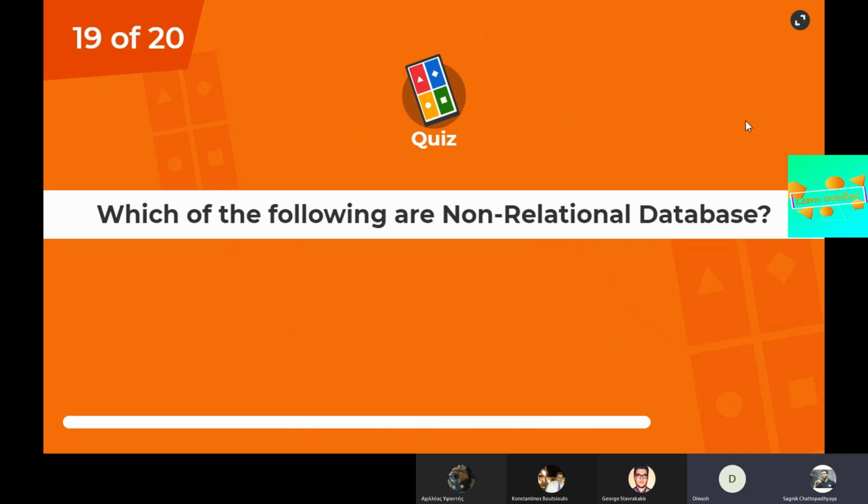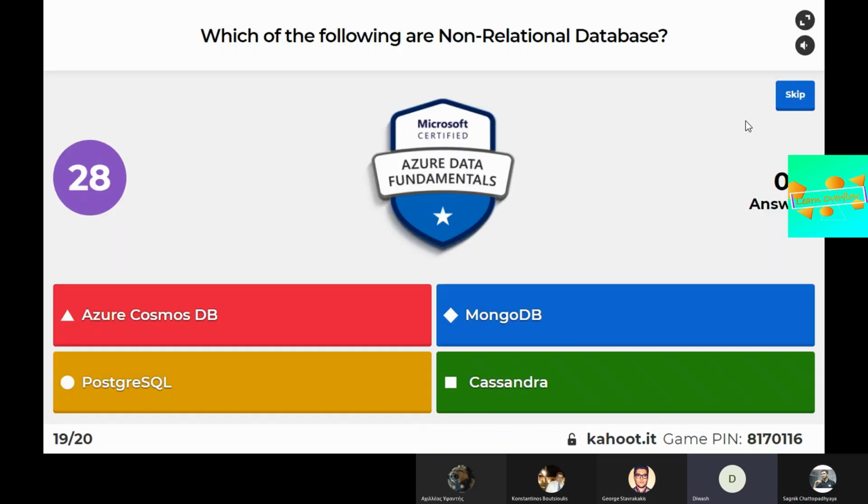Which of the following are non-relational databases? It's a multi-select question: Azure Cosmos DB, MongoDB, PostgreSQL, and Cassandra.